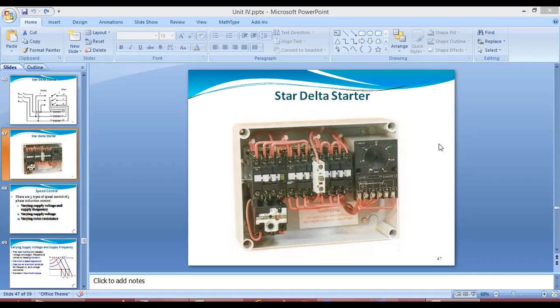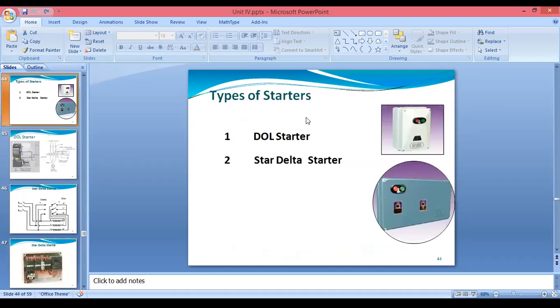So we can use the stator resistance starter also to start the three-phase induction motor. But practically we use the direct online starter and the star delta starter, and most of the time we use the star delta starter.